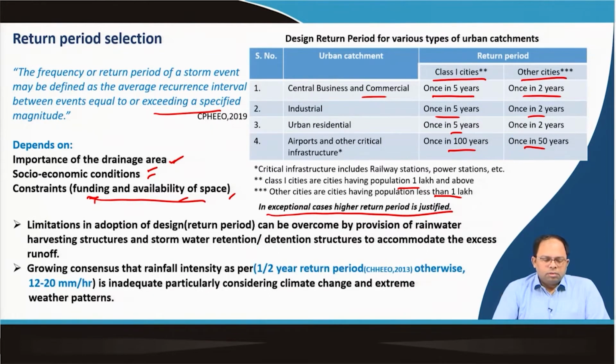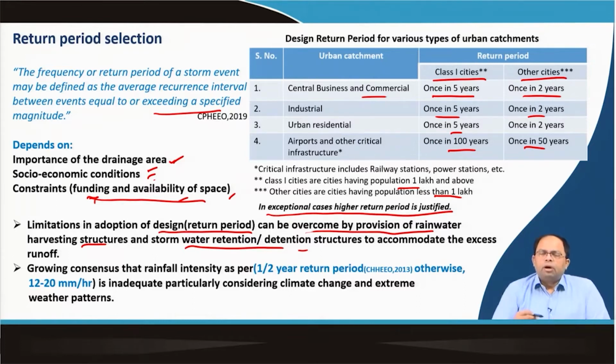So, limitations in adoption of design or return period can be overcome by provision of rainwater harvesting structures and stormwater retention structures to accommodate the excess runoff. Sometimes we cannot design for this excess return period because we do not have funds, or because of certain other issues, we cannot choose that kind of return period, or we cannot over-design our infrastructure.